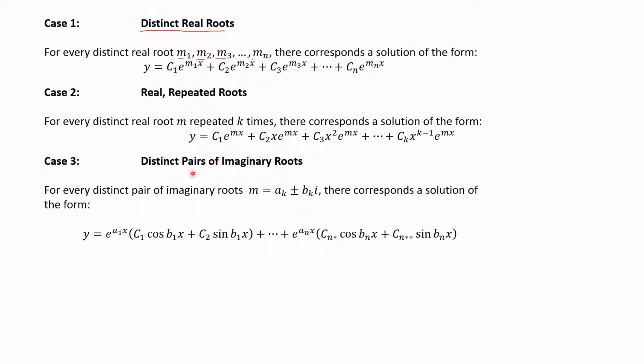The third case is a distinct pair of imaginary roots. Supposing one of the distinct imaginary roots is m equals ak plus minus bk i, there corresponds a solution of the form e to the a1x times c1 cosine b1x plus c2 sine b1x, plus, and so on, e to the anx times cn cosine bnx plus cn sine bnx.